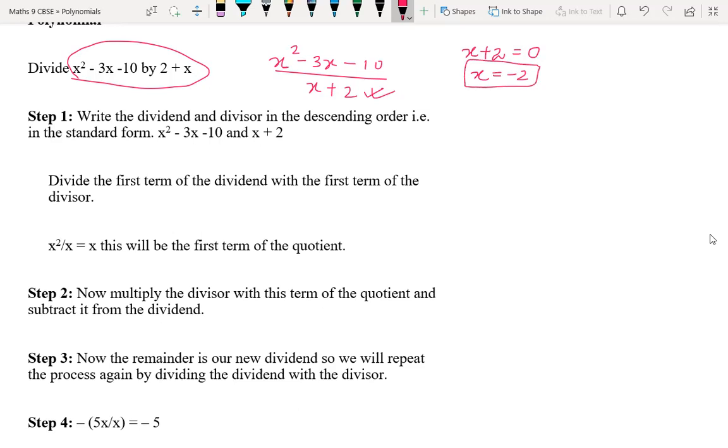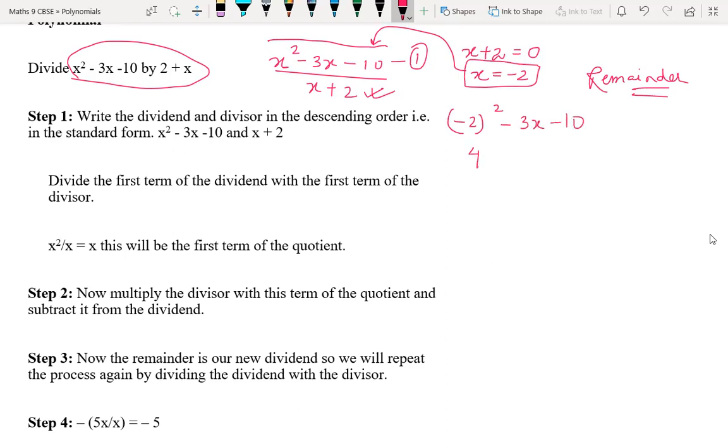If you put the value of x is equal to minus 2 in this equation, what do you get? You get the remainder. Understood, children? Let's try to understand what remainder we're getting here. Minus 2 to the power 2 minus 3x minus 10.